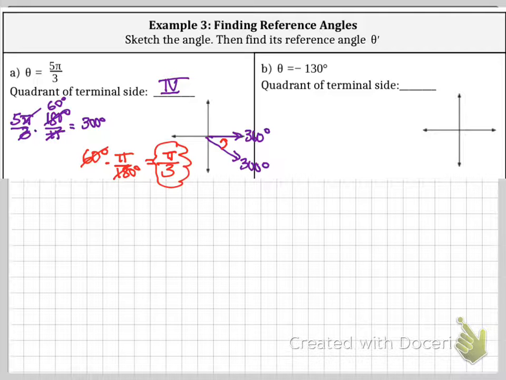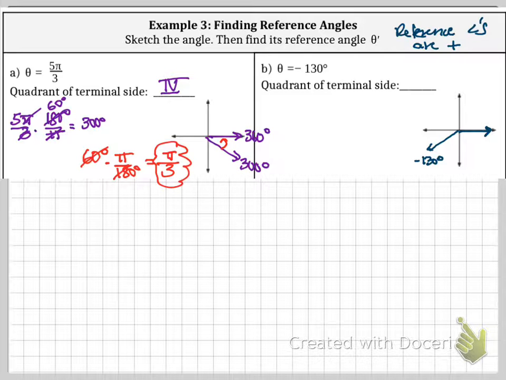Now the next one, we have negative 130 degrees. As a side note, reference angles are always positive. So we have negative 130 degrees. It starts here in standard position and goes this way to negative 130 degrees.